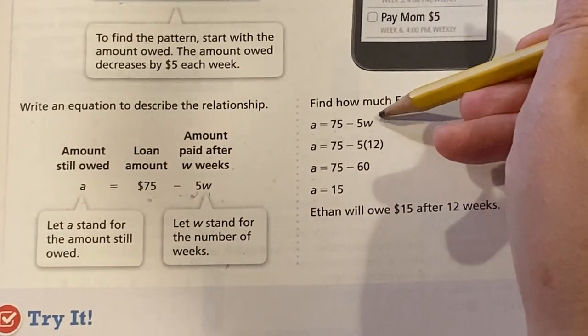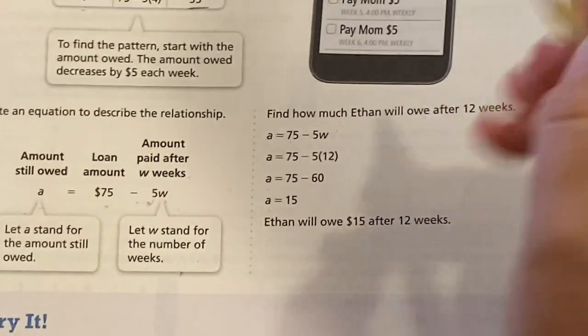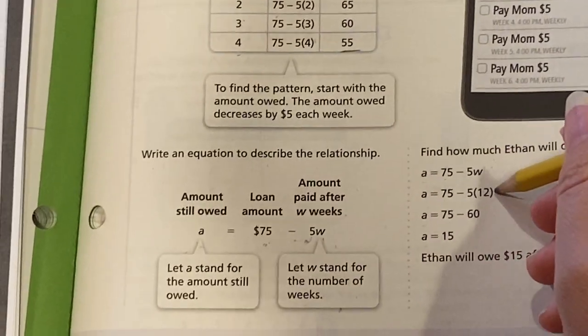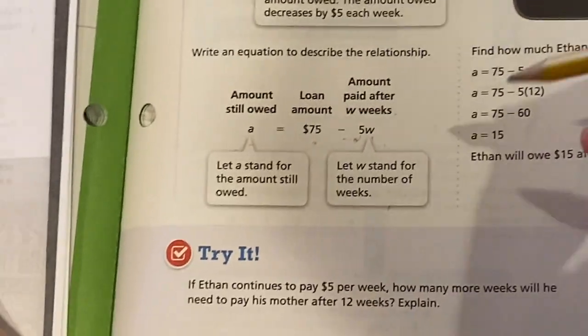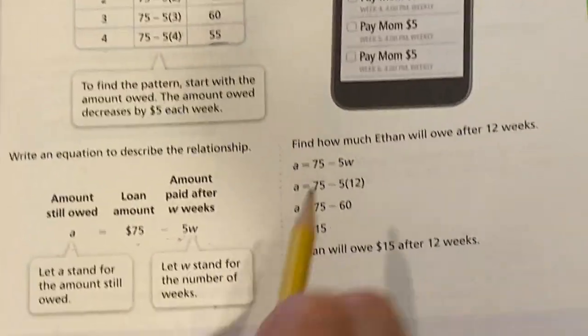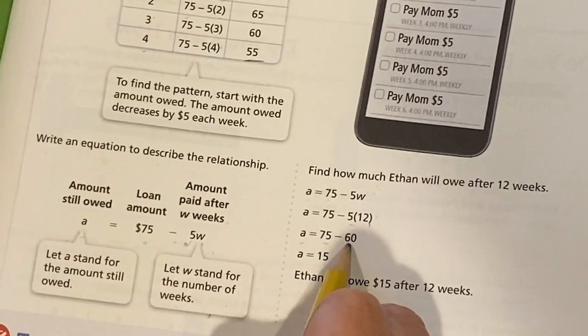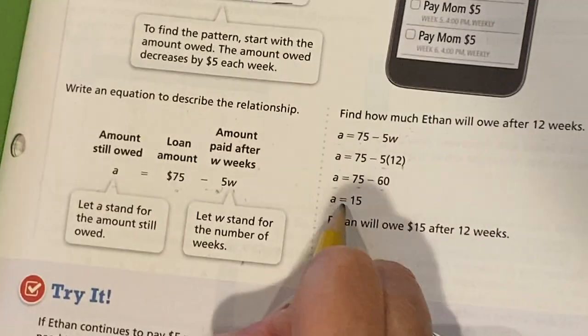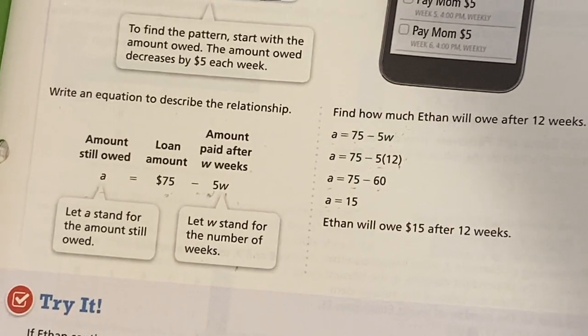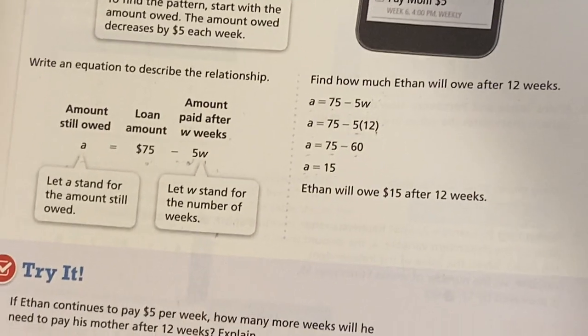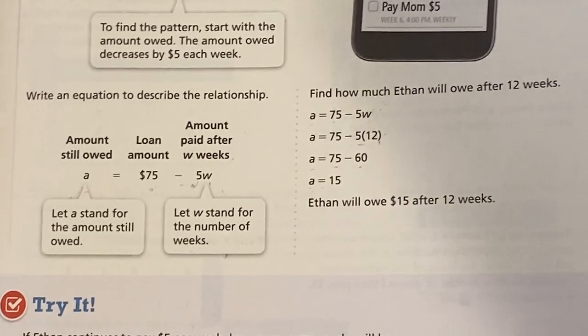So we started off up here. We substituted 12 in for the W because that's how many weeks. And then we simplified that and said A equals 75 minus 5 times 12, which is 60. So A equals 15. Ethan will owe $15 after 12 weeks. All right?